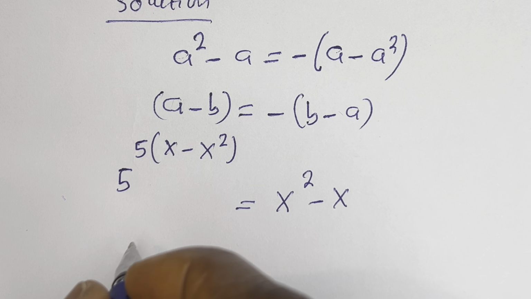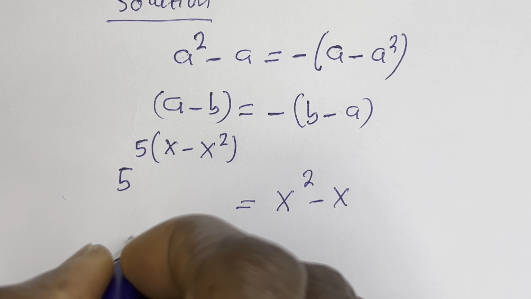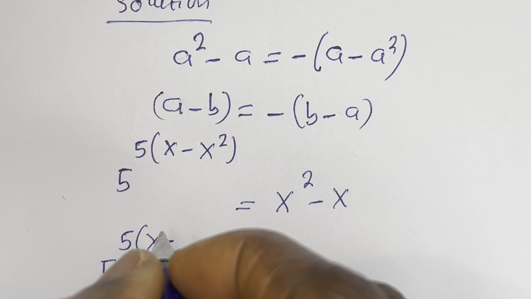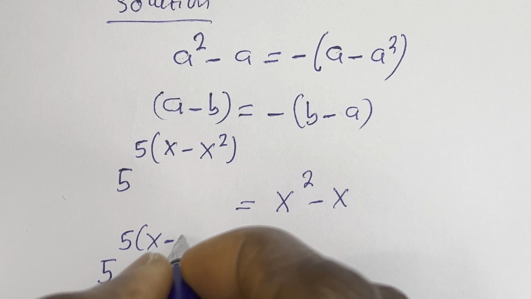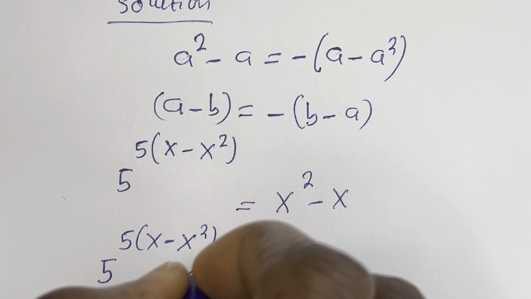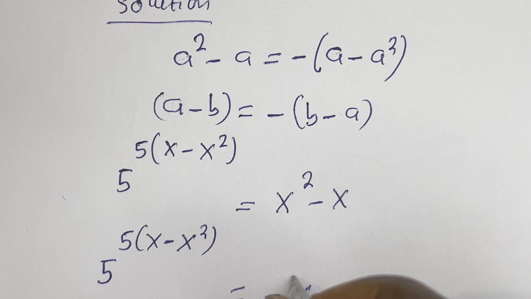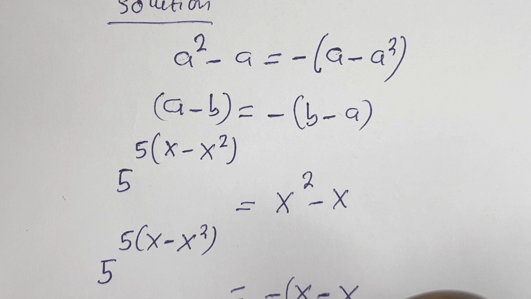Then this is 5 to the power of 5 bracket s minus s square. This is equal to minus s bracket minus s square.